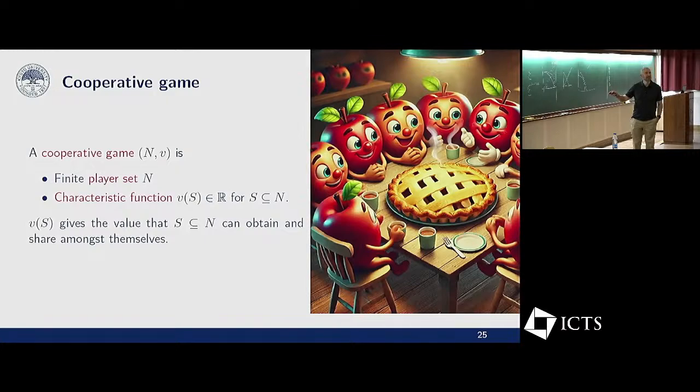Because they're going to reject the offer. They're going to say, we'd rather bake a pie on our own than accept this share of the pie that we're being offered. And you could say that for any subset of players, right? You could say this group, how much pie could they bake on their own? And if the answer is more than they're being offered by the grand coalition of everyone, then they say, no, thank you.